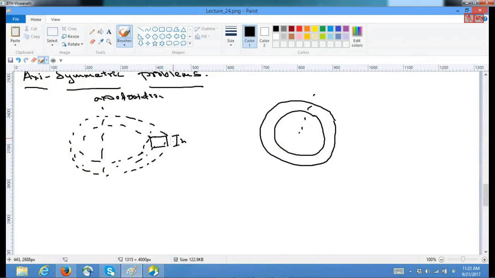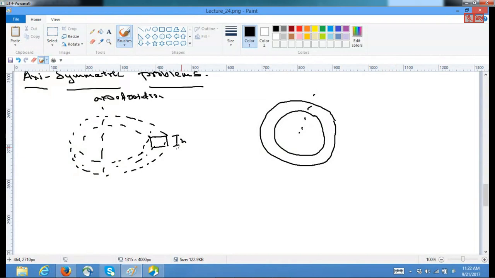You will see it's difficult to draw, but it's a small cylinder with a circular base. That's what I have drawn, with a height h.